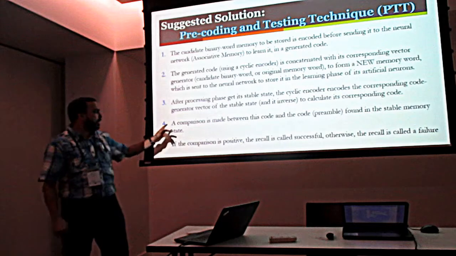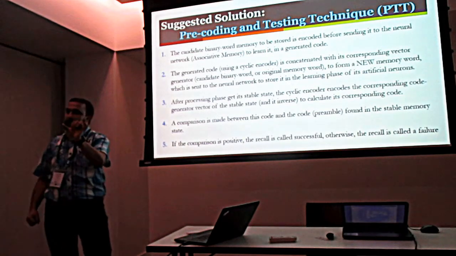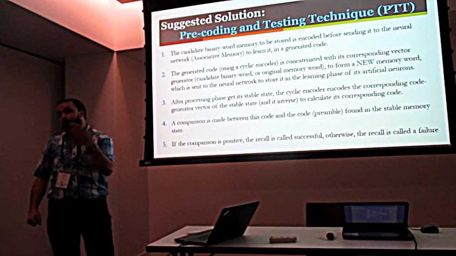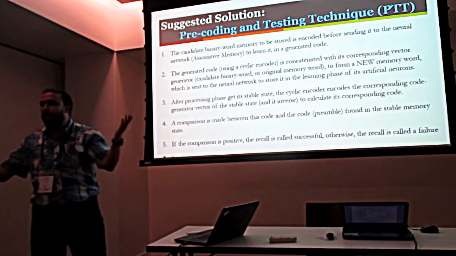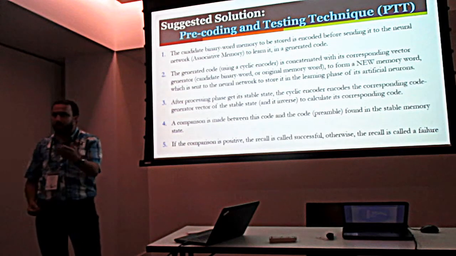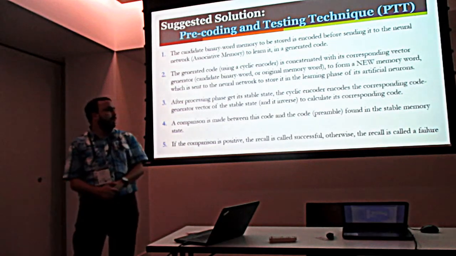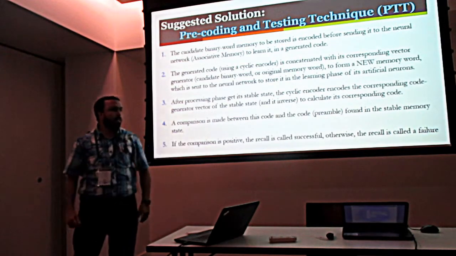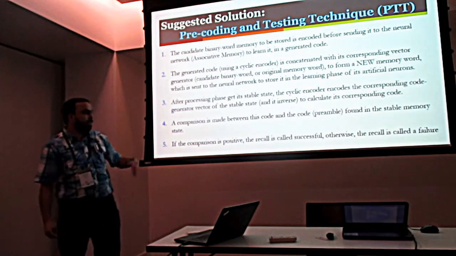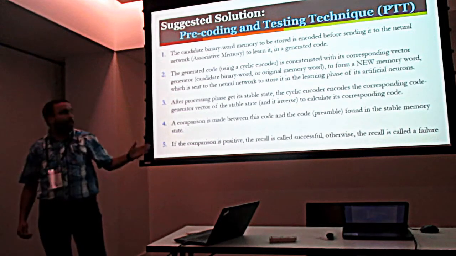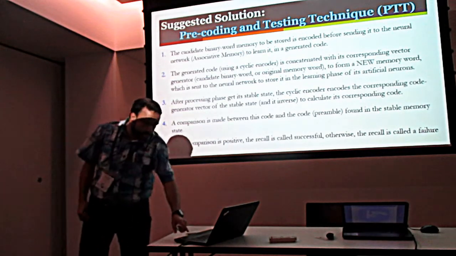Then we compare it to the code segment of that memory. If the code is the same, that means yes, the recall is correct and it's a global minimum. There is no question, because the code corresponds to the data. That's a successful recall. If not, it's a spurious state.